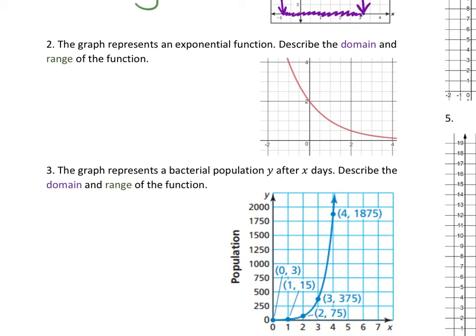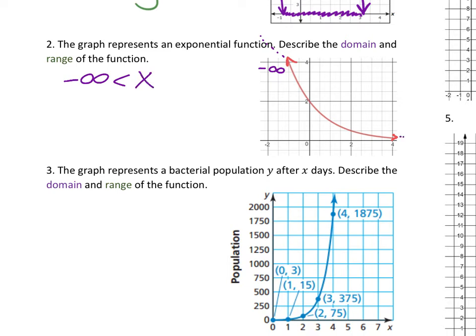But if I look at this graph, I would notice that there is an extension, an arrow extending off the graph on both the left and the right, which means this graph is going to continue going all the way to the left and all the way to the right. So when I go to do my domain, the very left of the graph would be continued on and on and on. So this is going to be negative infinity all the way to the left.